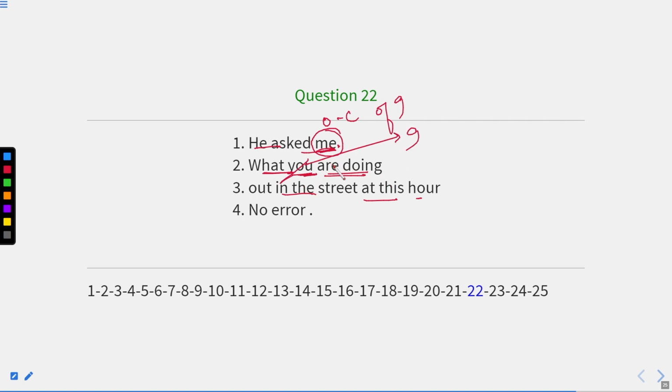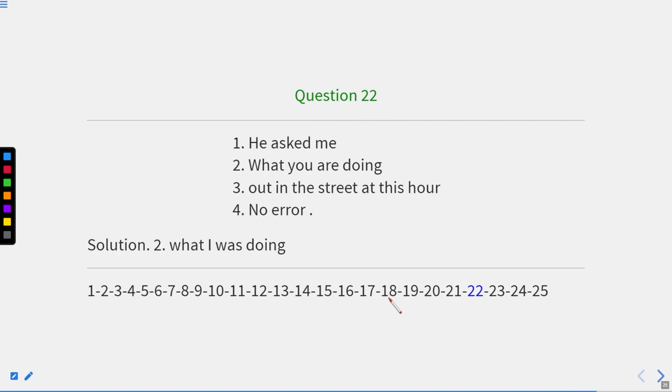So this should be I. What I, and also the sentence should be in past, so are will be converted into was. So the correct sentence will be, he asked me what I was doing out in the street at this hour. So the correct answer will be 2, that is, what I was doing.